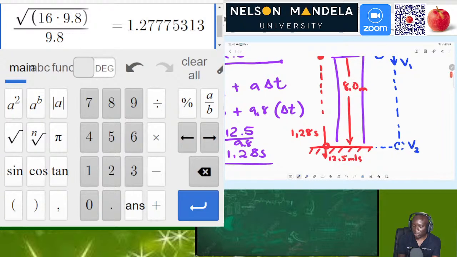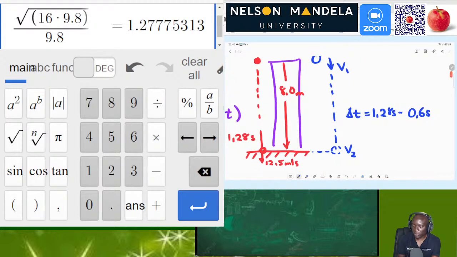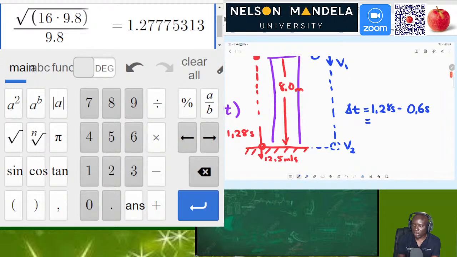So its delta t is equal to 1.28 seconds minus 0.6 seconds, because it is launched 0.6 seconds later. So its delta t will be 0.68 seconds.